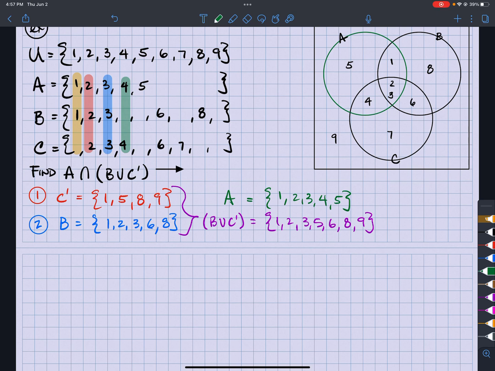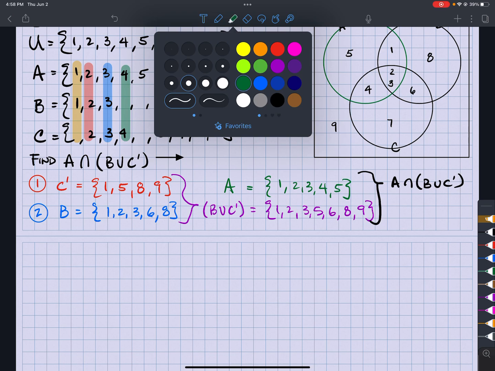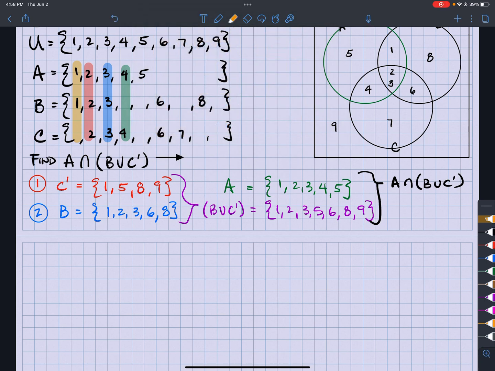So if I was to intersect these two, that will be A intersect B union not C, right? I have to figure out what's in common in these two together. The 1 is in common, the 2 is in common, the 3 is in common, and the 5 is in common, and those are the only things in common.